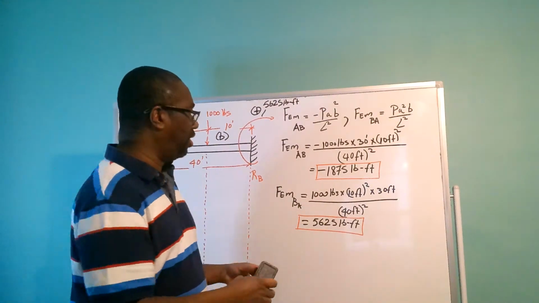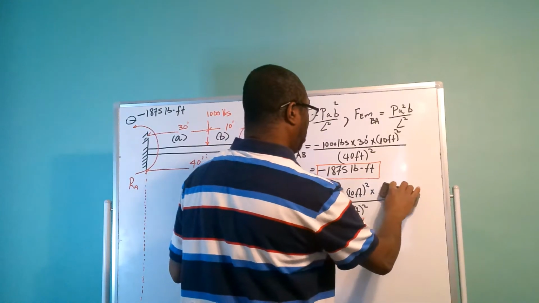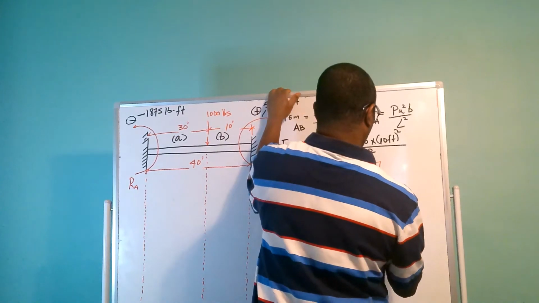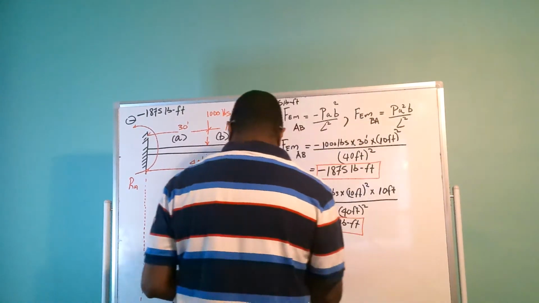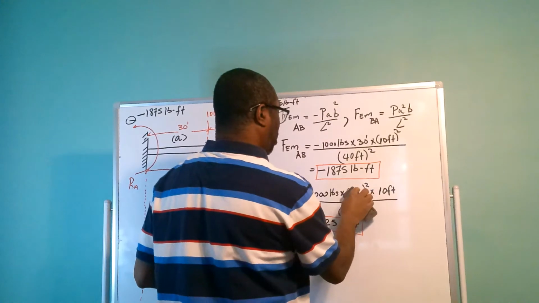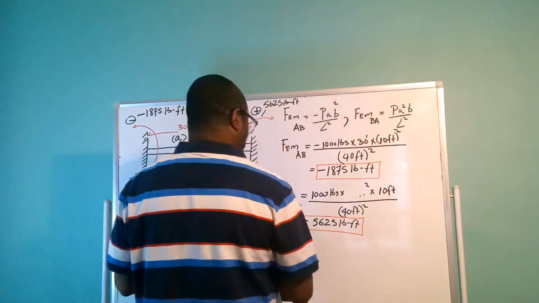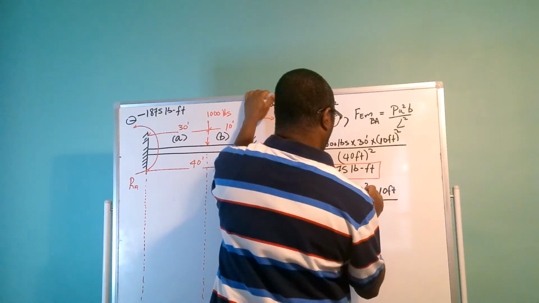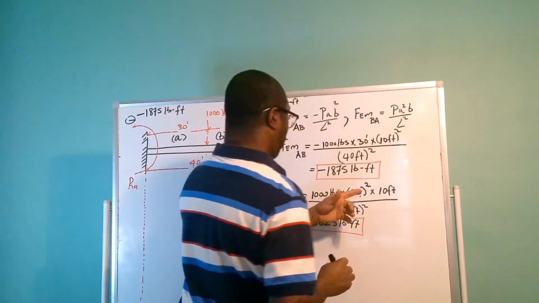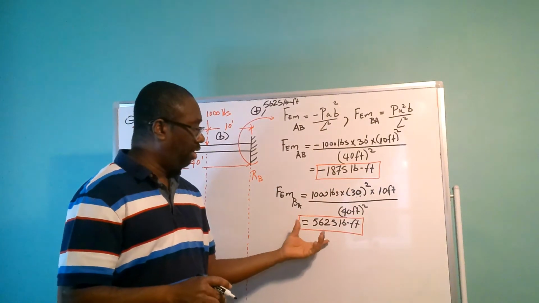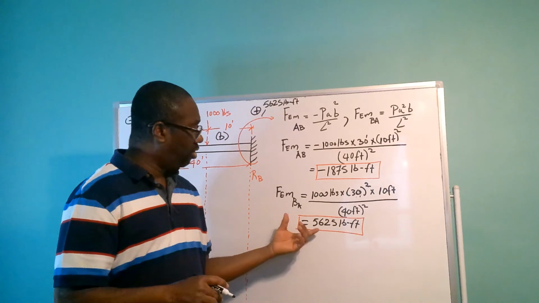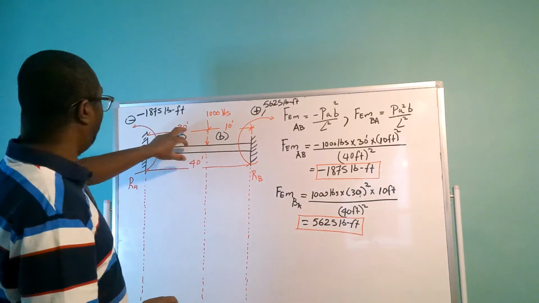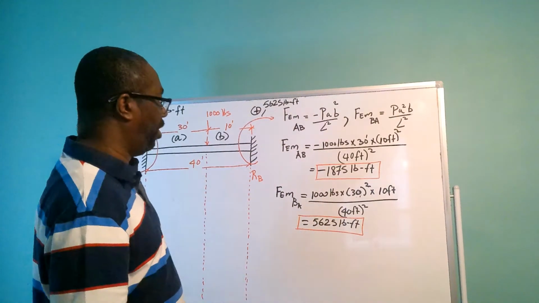The result is going to remain the same, but this here should be our 10 feet, and this here should be our 30 feet squared, and the value is still going to be 5,625 pounds foot, because A is 30 feet and B is 10 feet.